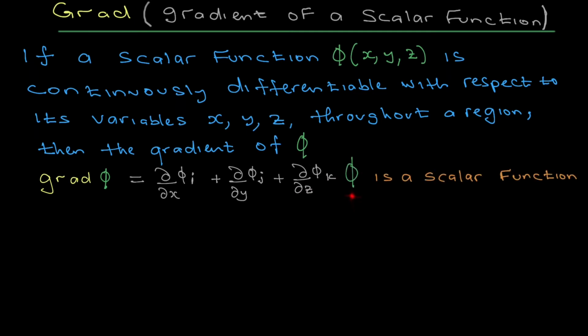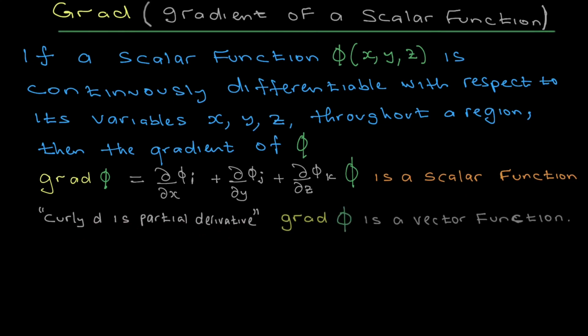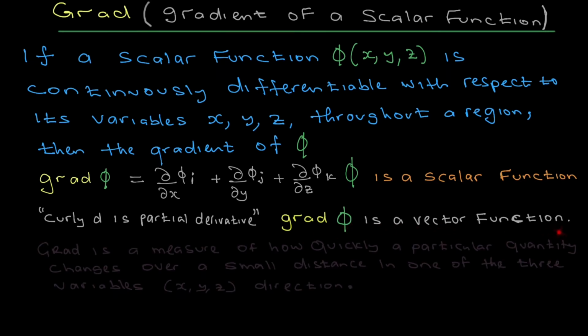So remember, phi is a scalar function, just a number. The curly d is a partial derivative, and grad phi is a vector function.